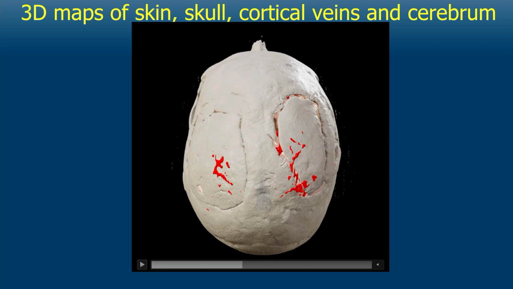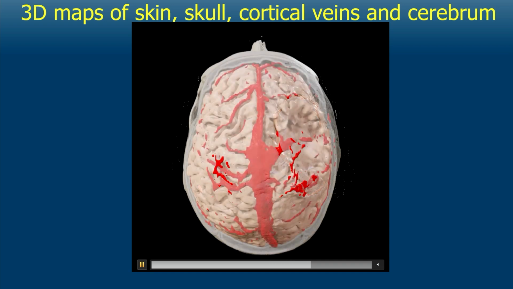Then gradually we can strip off the skull so that we can see where the hole in the brain is located. So here is the hole in the brain, and we can also see where the blood vessels are located.